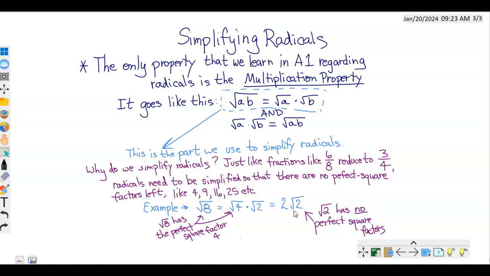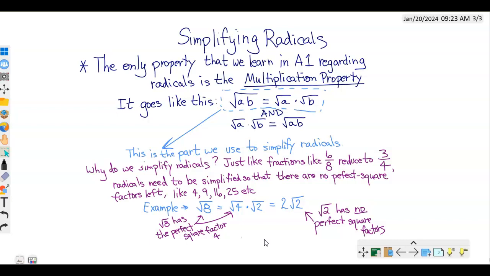And 4, 2 squared. At our level of mathematics, more than likely, you are not going to have to come up with a perfect square factor that is larger than that. Okay? So you literally just guess.